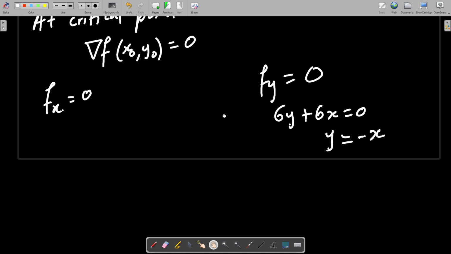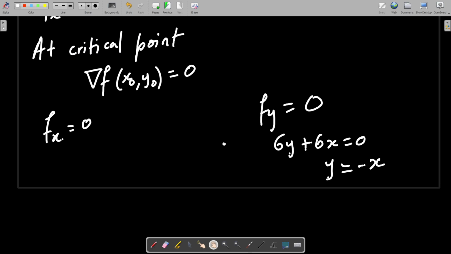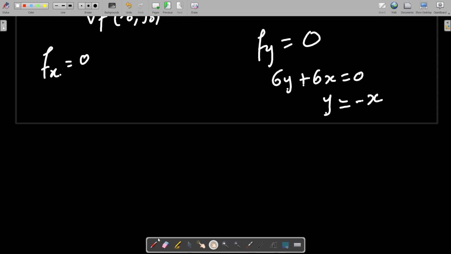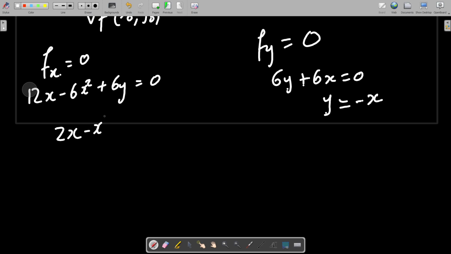And the other equation gives you 12x minus 6x square plus 6y equal to 0, right? We can cancel a 6 out here. So this is just 2x minus x square plus y.